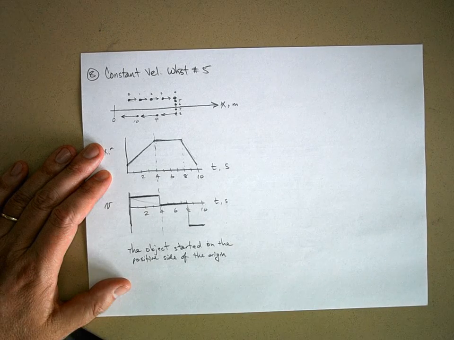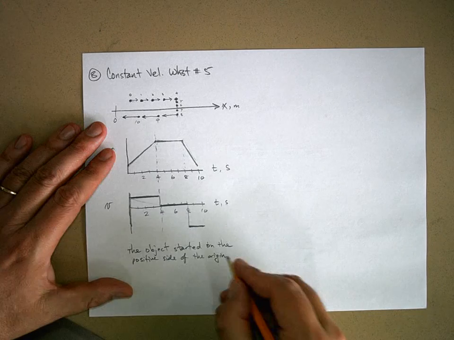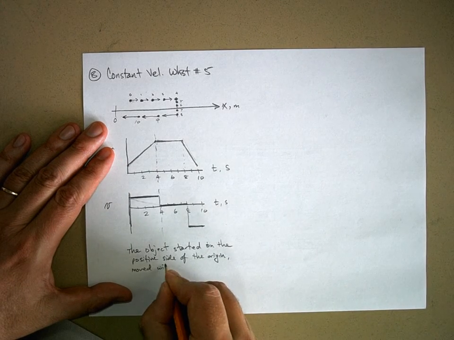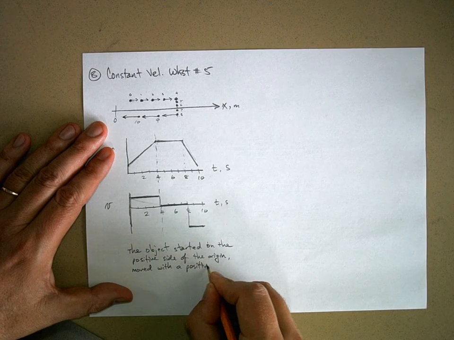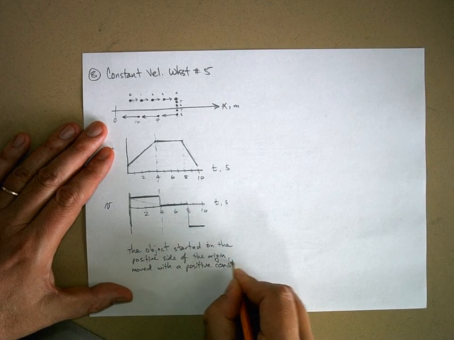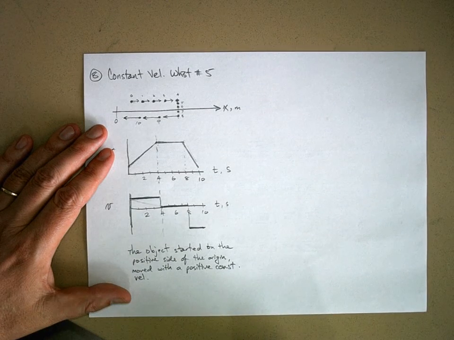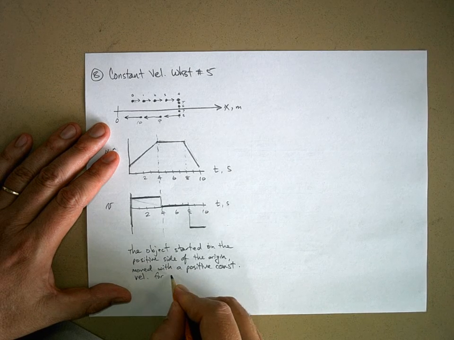Okay, so you want to write a verbal description of what's going on. Moved with a positive, constant velocity. You can abbreviate to make it go faster. Positive constant velocity for 4 seconds.